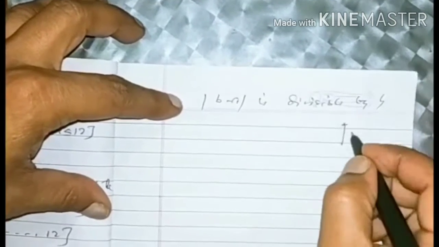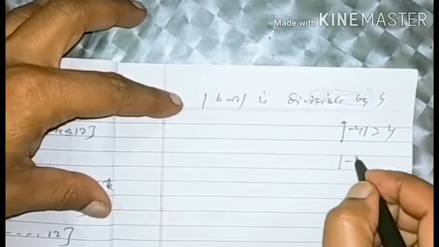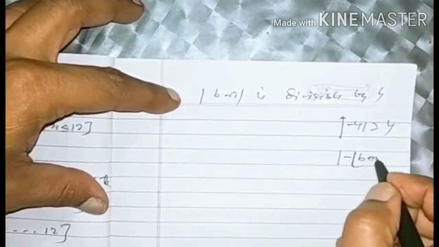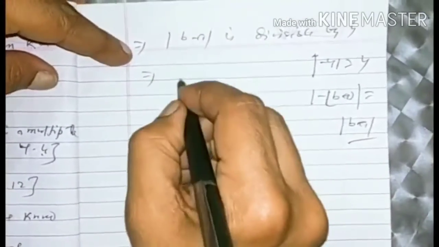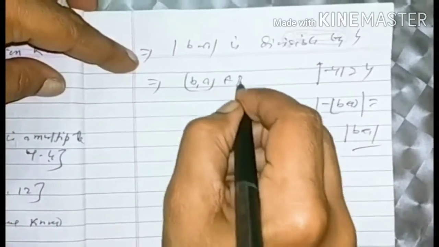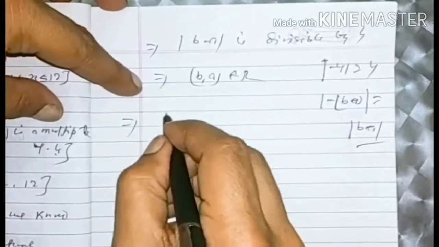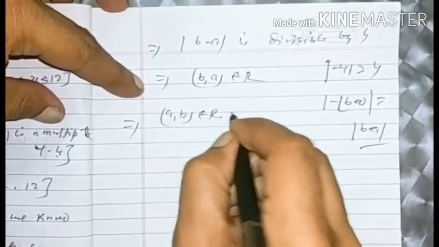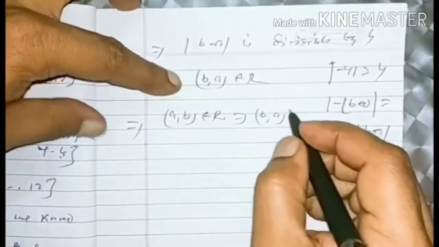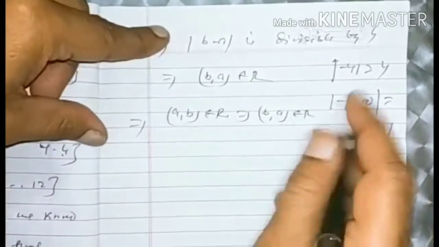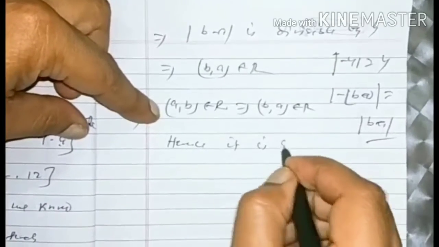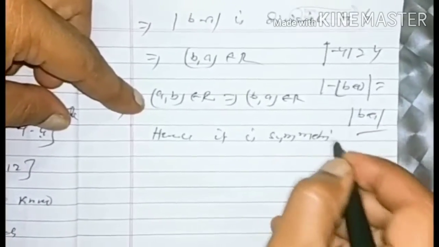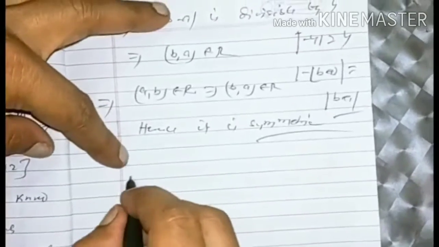Since this is a modulus value and always positive, this is nothing but the magnitude of B minus A being divisible by 4. We know that the magnitude of minus x is equal to the magnitude of x. This means the ordered pair (B, A) belongs to R. So (A, B) belonging to R implies (B, A) belongs to R, and this condition is fulfilled for symmetry. Hence it is symmetric. Next, transitivity.